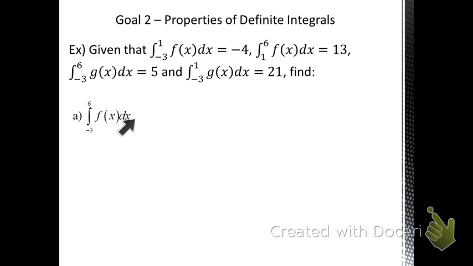Since we're working with f here, we're going to use these right here. Now this one went from -3 to 1, this one went from 1 to 6. 1 is between -3 and 6, right? If I wanted to go directly from -3 to 6, I could just add these 2 definite integrals together to make that happen. So here's what you would get.